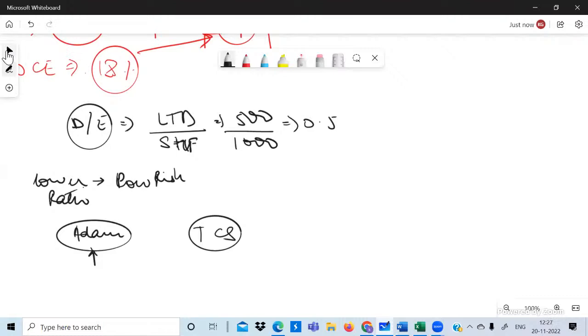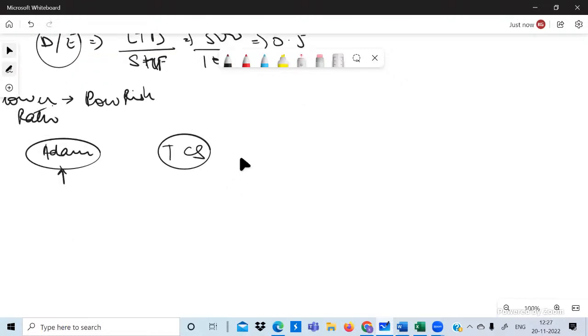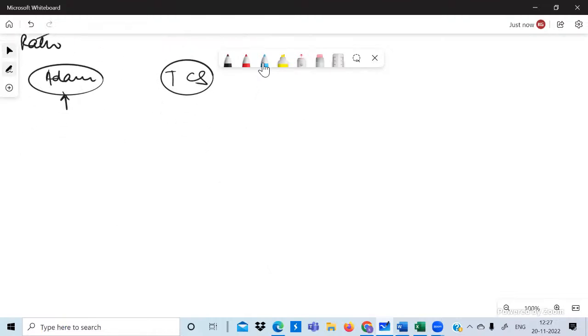Then let's look at the next important ratio, which is your DSCR, the debt service coverage ratio. How do you calculate it? Debt service coverage ratio is EBITDA minus tax, upon interest plus the principal.